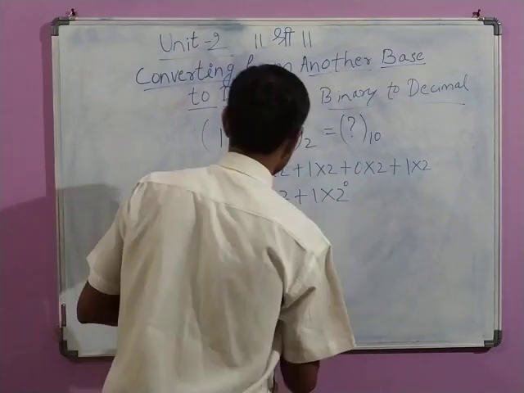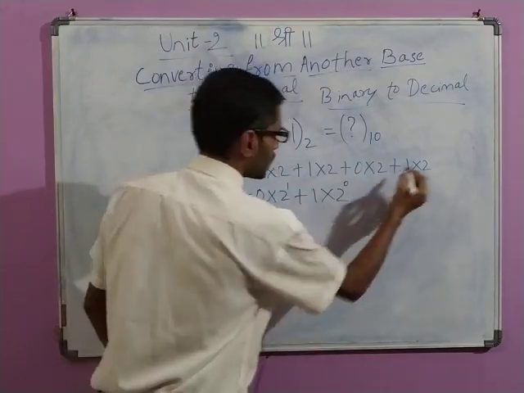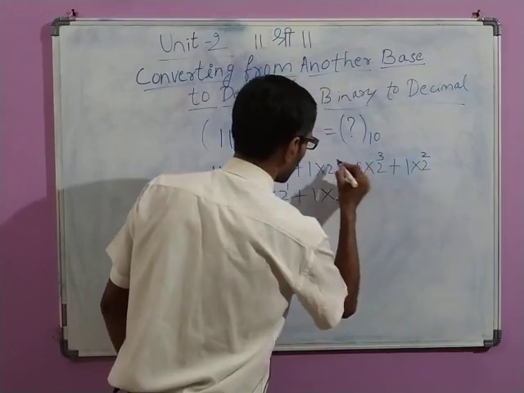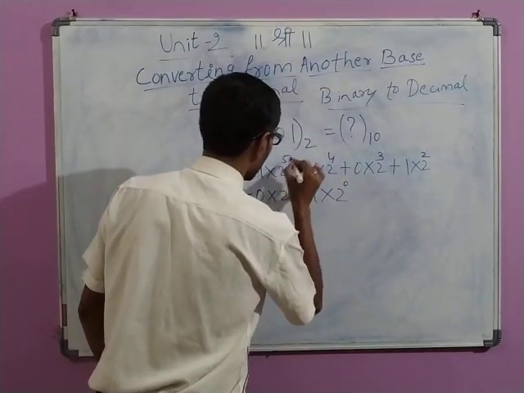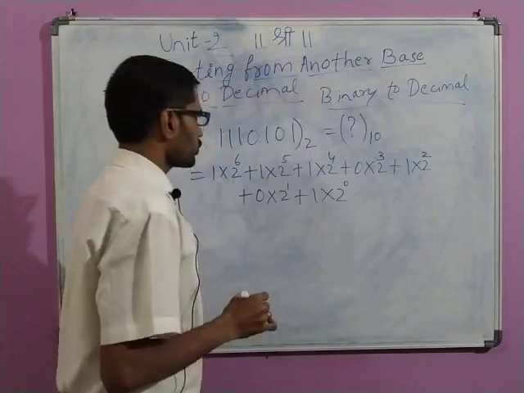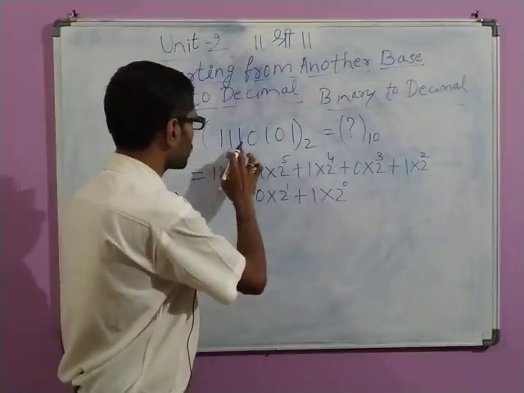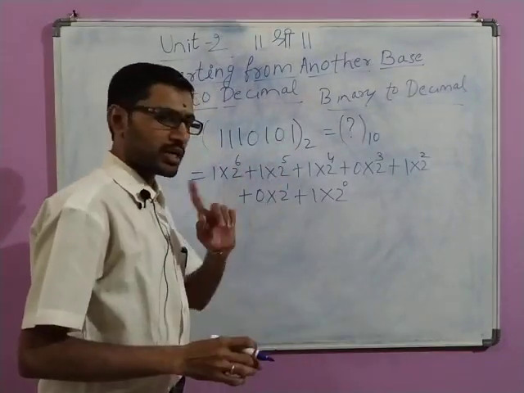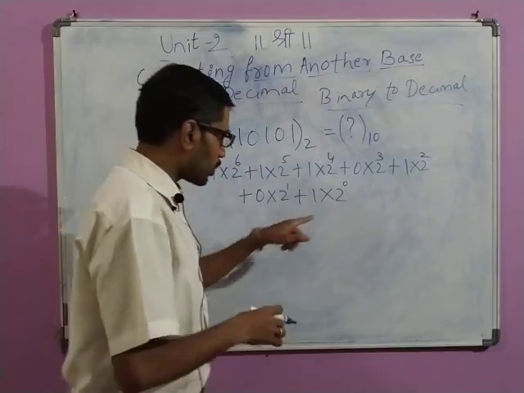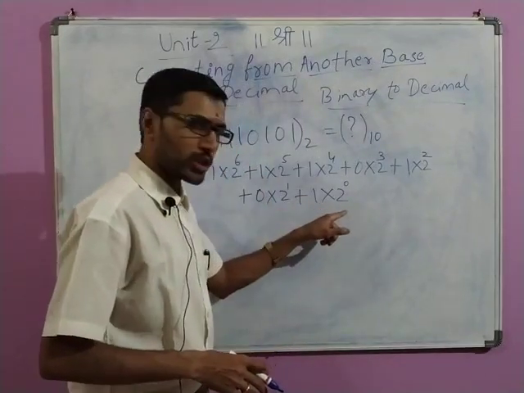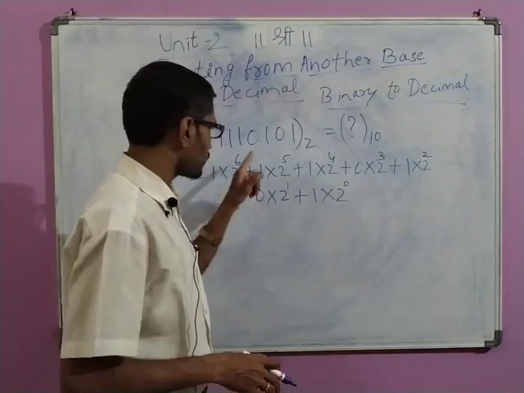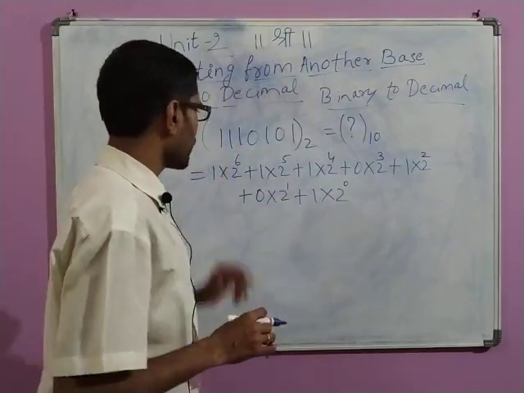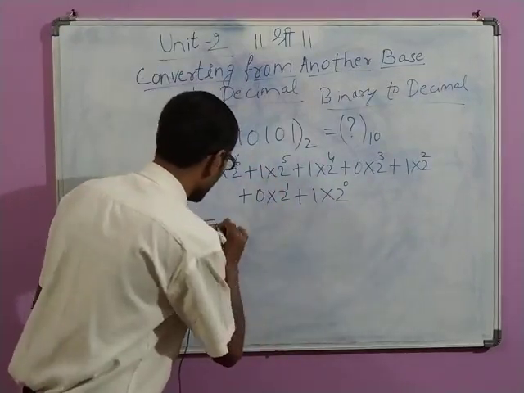So 2 raised to 0, 2 raised to 1, then 2 raised to 2, 2 raised to 3, 2 raised to 4, 2 raised to 5, 2 raised to 6. If you observe, I have 1, 2, 3, 4, 5, 6, 7 digits in total, and because we start with the positional value 2 raised to 0, from 0 to 6 makes 7, so it is correct. Now go on solving this.